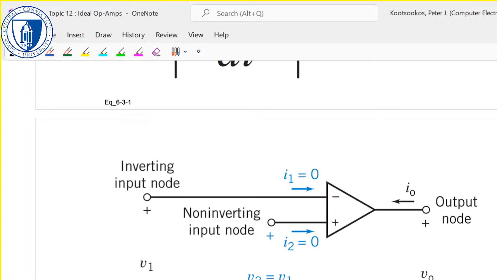One of the things that happens is that the input currents on both the inverting input and the non-inverting input are zero. Now in the real device they're not zero, they're small, but for our purposes they can be assumed to be zero.